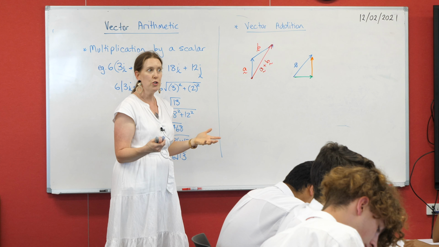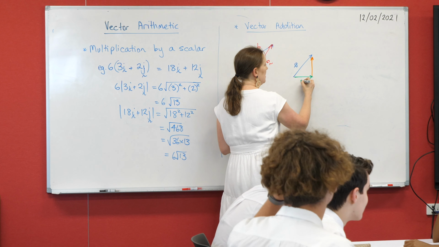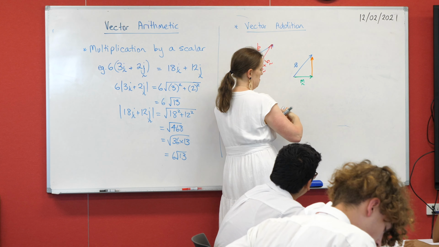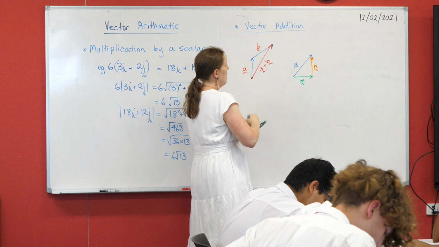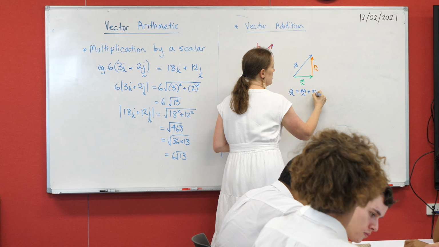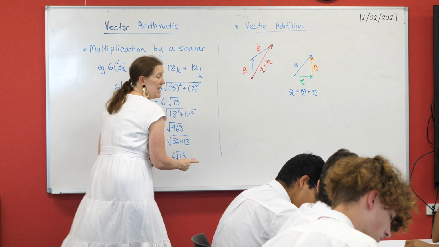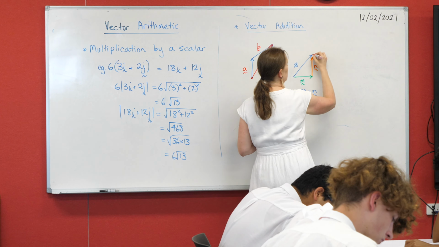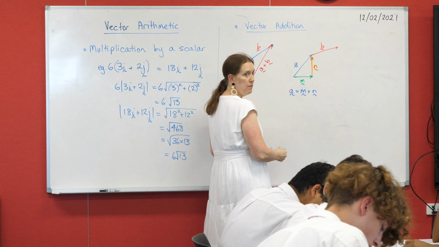So we have these two components, and we could break them up to be anything we want. So M and N. In this case, my A vector is actually M plus N. When I add my B vector, I'm going to do the same thing.